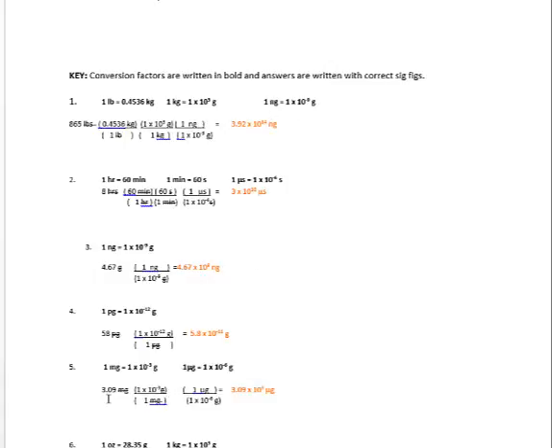Down here we have 3.09 milligram multiplied by 1 times 10 to the minus 3 gram per milligram times 1 microgram per 1 times 10 to the minus 6 gram equals 3.09 times 10 to the 3 microgram. And these conversion factors are 1 milligram is 1 times 10 to the minus 3 grams, 1 microgram is 1 times 10 to the minus 6 grams.